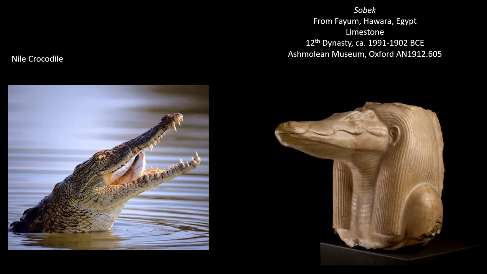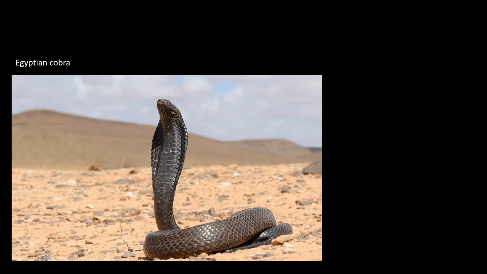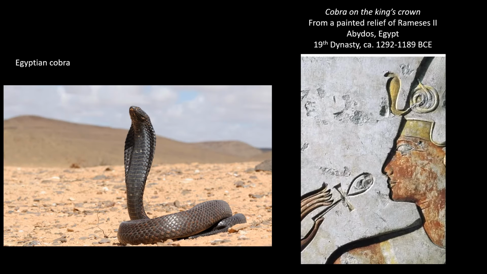The ferocity of the crocodile, for instance, would be desirable if one wanted to assert aggressive dominance. And although the cobra spits venomous poison, what better creature could there be to protect the pharaoh? Thus, the cobra becomes a symbol of kingship, which is why they are shown placed on royal crowns and headdresses.